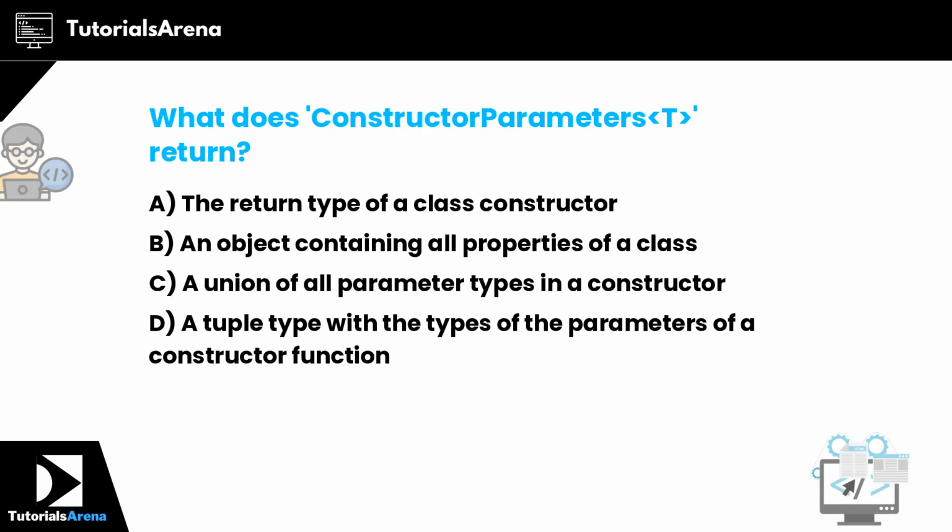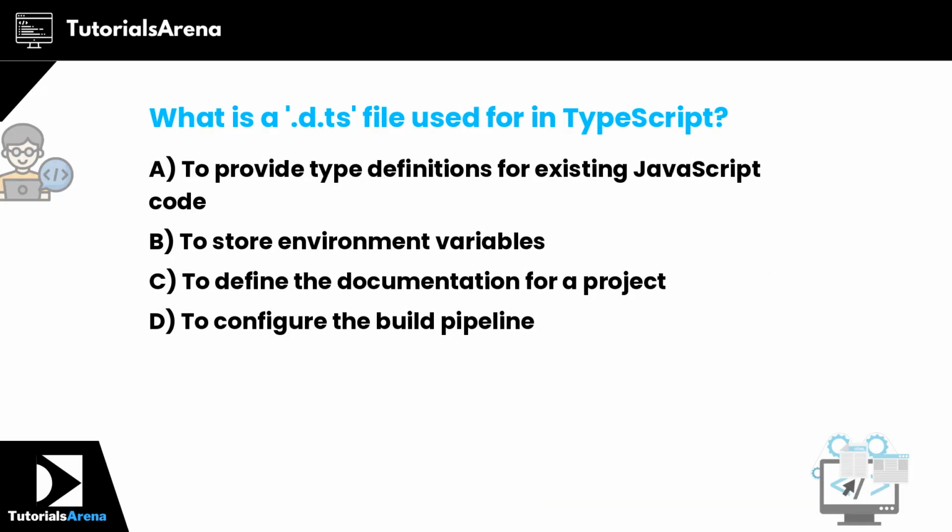What does ConstructorParameters<T> return? The correct answer is option D, a tuple type with the types of the parameters of a constructor function. What is a .d.ts file used for in TypeScript?